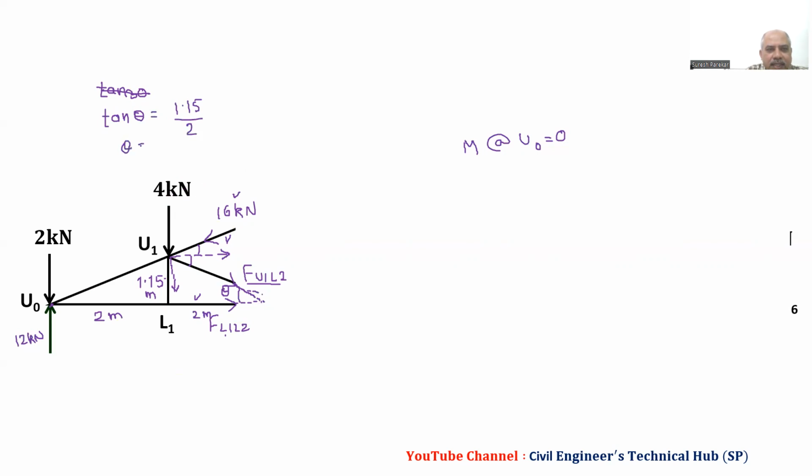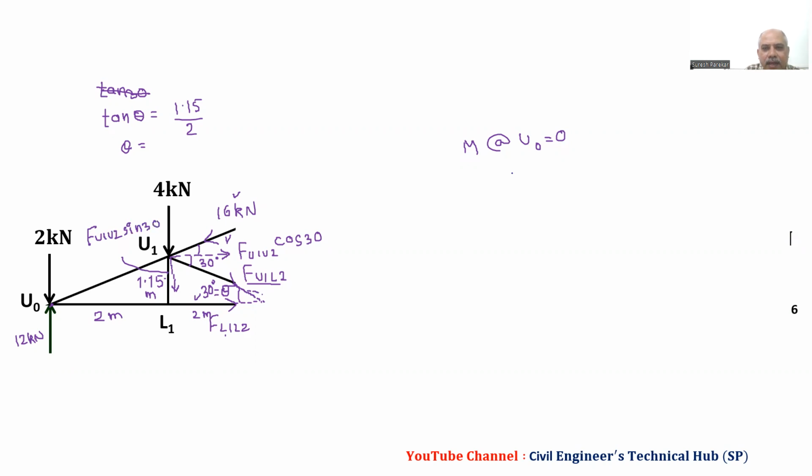And if you calculate tan inverse of 1.15 divided by 2, this angle we will get as again 30 degrees. By observation also you can make it. Therefore we will get the components: F U1 U2 cos 30, and vertical F U1 U2 sin 30.